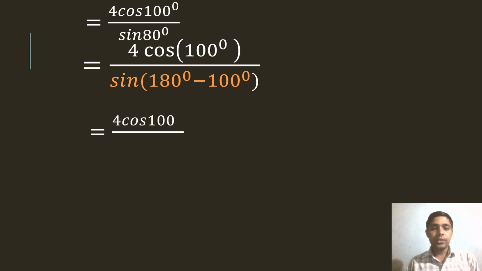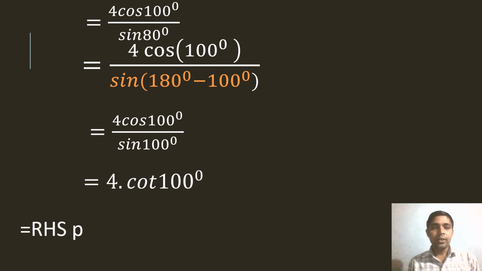Now this is in the second quadrant, sine 180 minus theta is as it is, sine 100 degree, so the next step is cos theta upon sine theta as 4 times cot theta, meaning 4 cot 100 degree. This only we have to prove. This is only our RHS. So in this way we have got the RHS, what we have to prove.